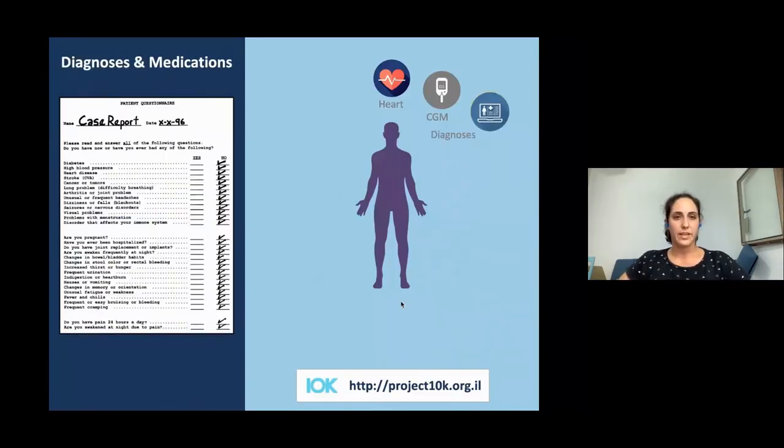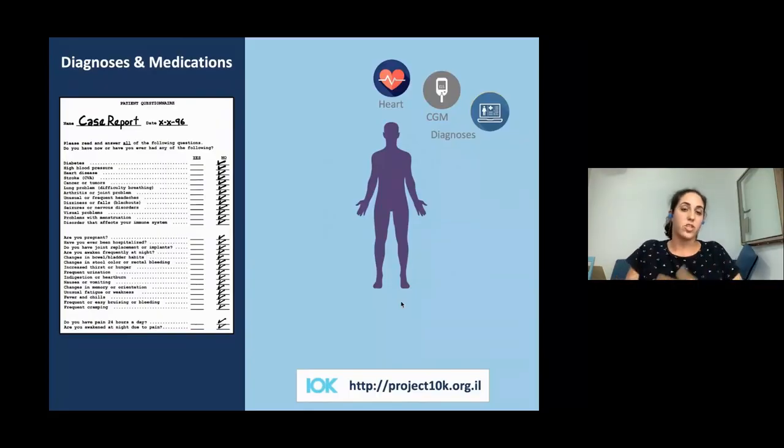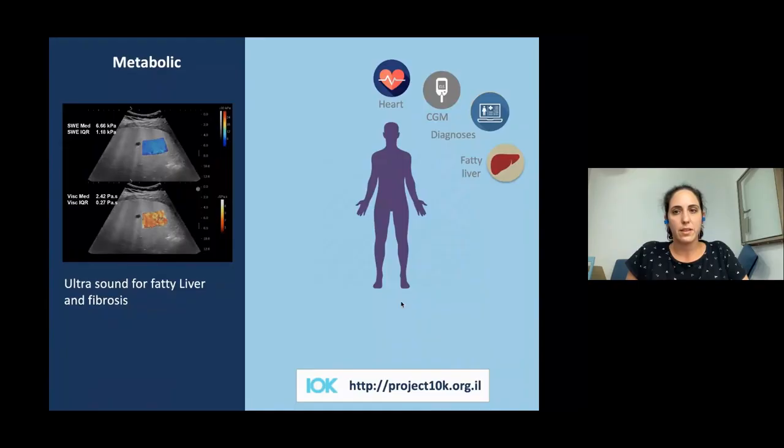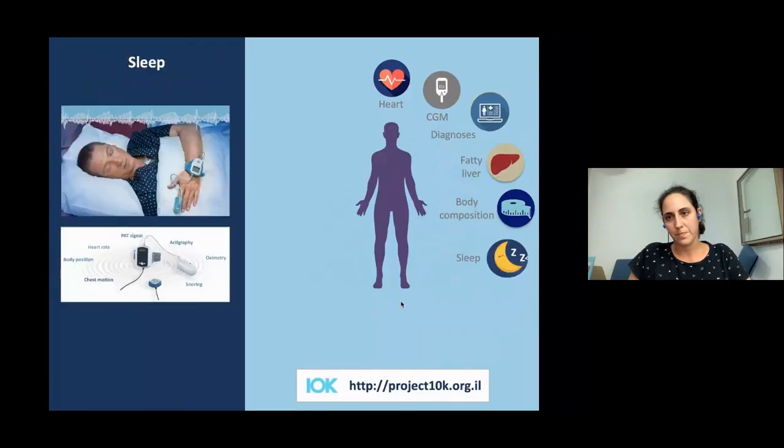We also collect their diagnoses, both from their medical professionals and from questionnaires that they fill in themselves. We scan their livers using ultrasound, checking for fatty liver and fibrosis. We detect their body composition using a DEXA, which measures the fat distribution along the body, and we also measure their BMI and body circumferences.